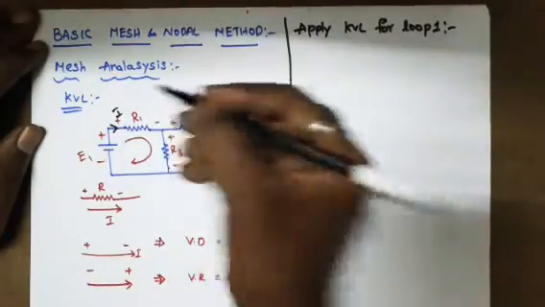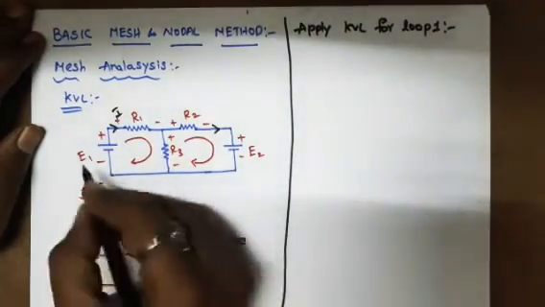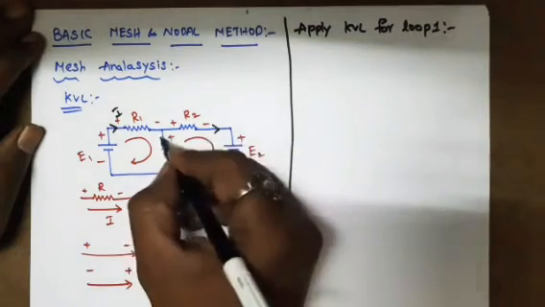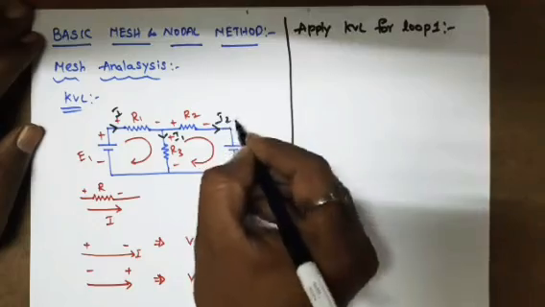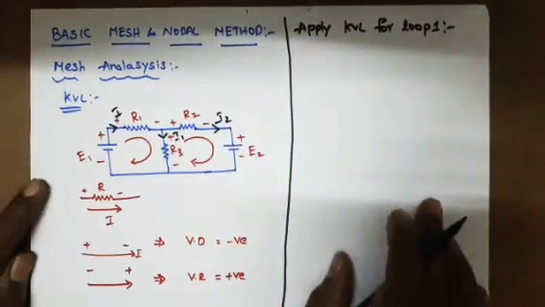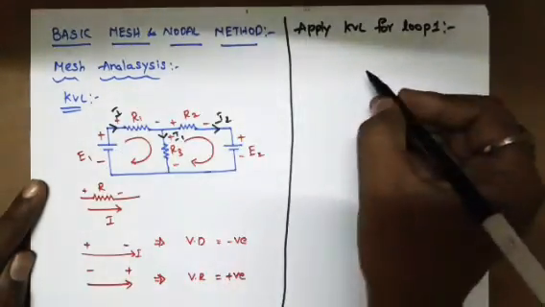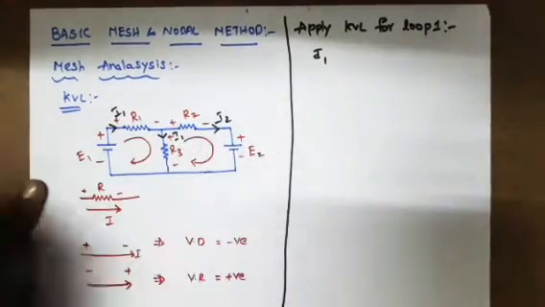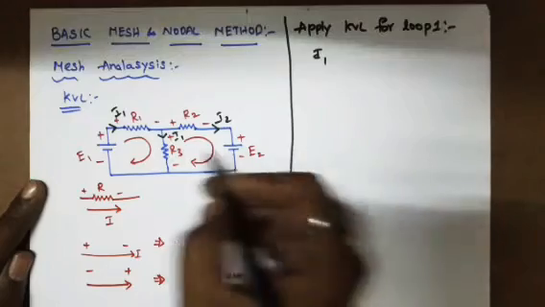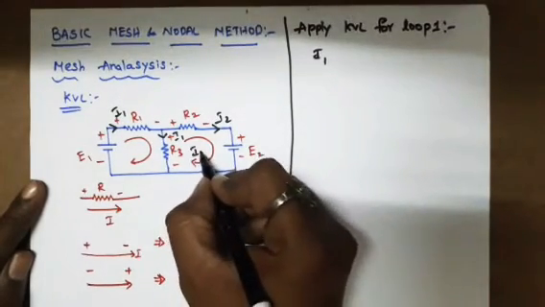I is the current. So we have two currents, I1 and I2.